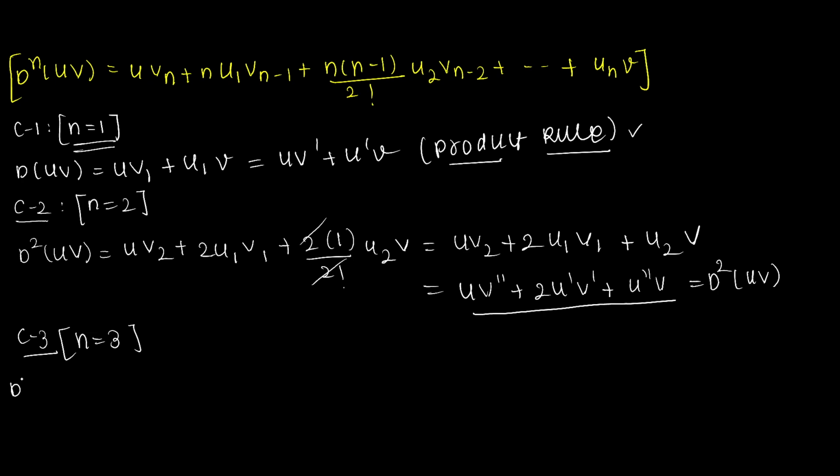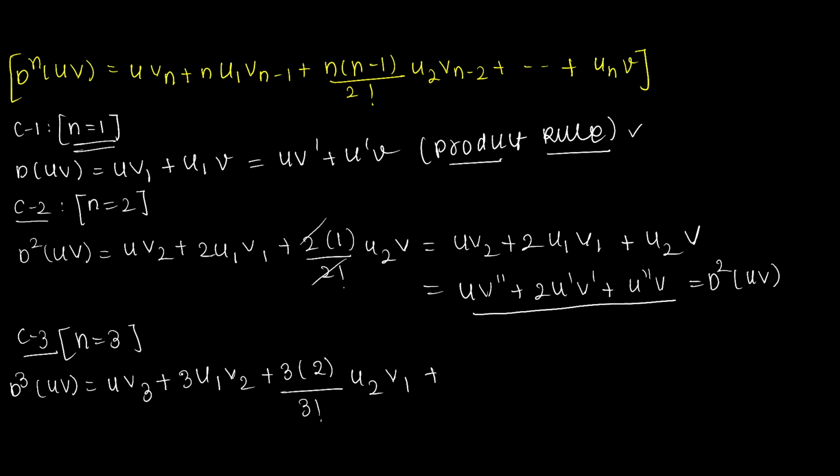Let's take case 3, when I have the value of n as 3. So it is written as d3(uv). It is u v_3 plus 3 times u_1 v_(3-1), which is v_2, plus 3 times (3-1), which is 2, upon 3 factorial u_2 v_(3-2), which is v_1, plus, since it's n equals 3, I can proceed with the same formula.